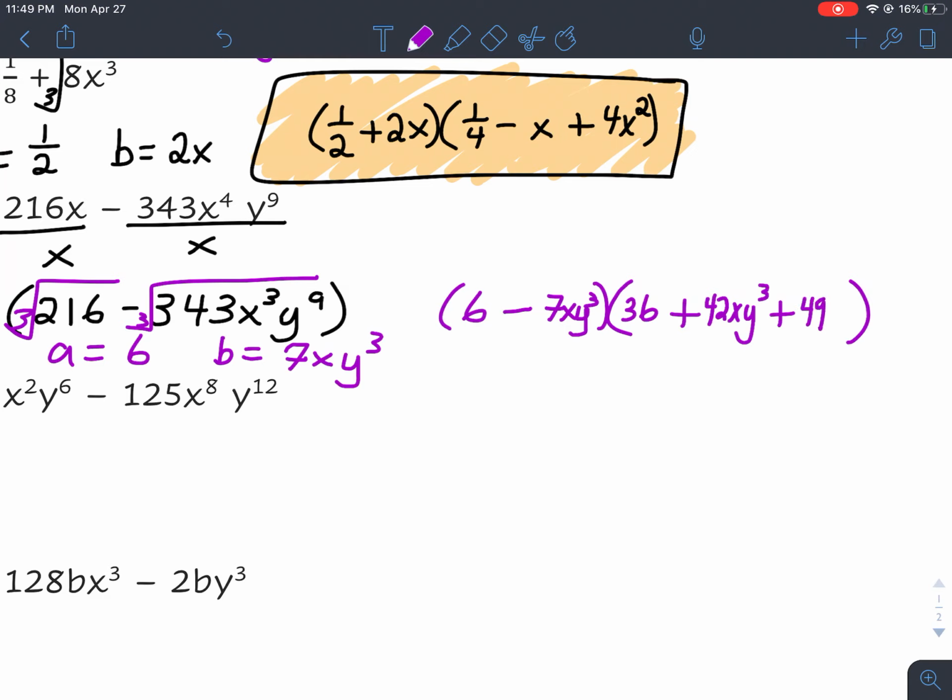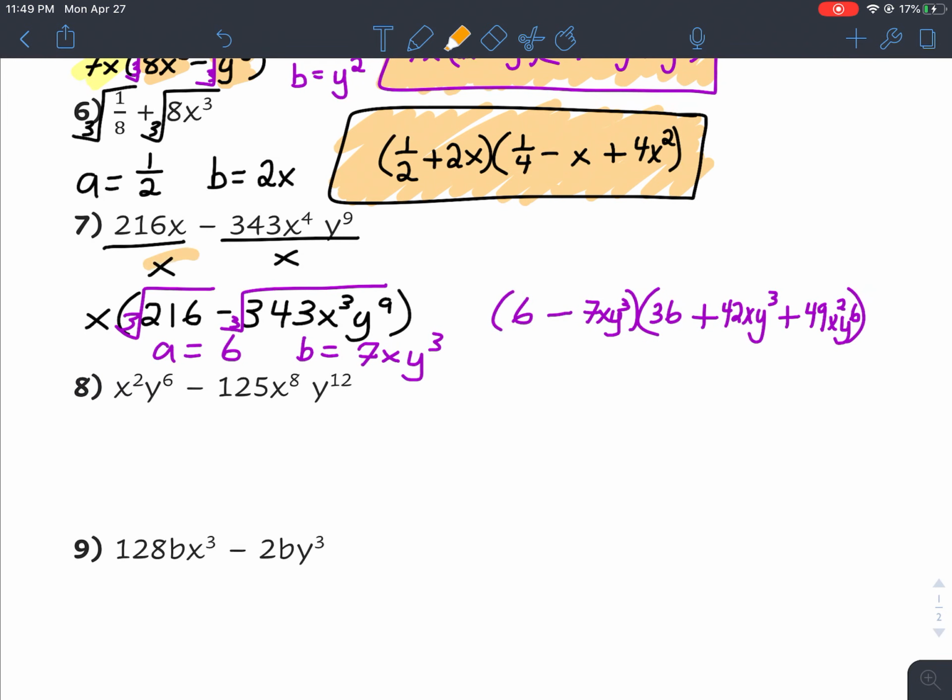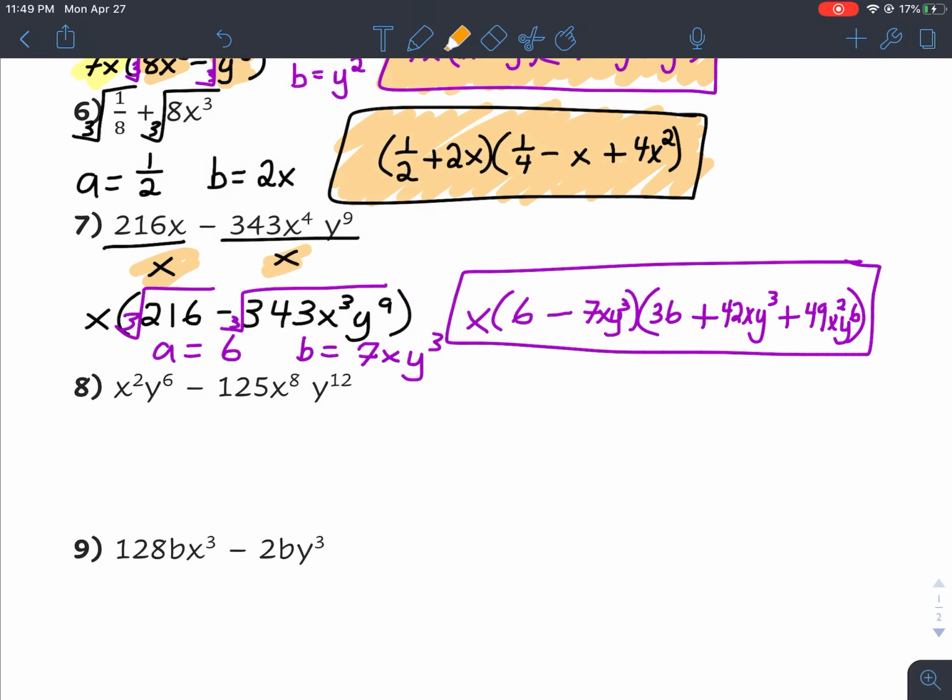And then b squared, so 7 times 7 is 49. And then x times x is x squared. Y to the third times y to the third is y to the 6th. And then don't forget, we took out a GCF of x at the beginning, so we need to put that x out front. And honestly, this is really as hard as these ones get when they have the GCF.